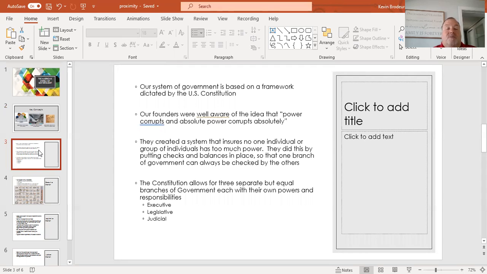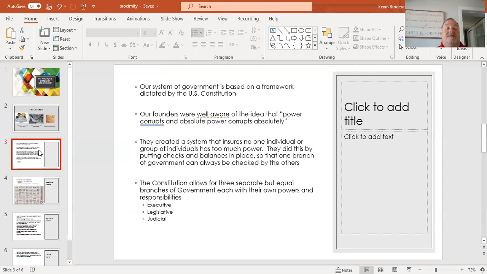When our founders were drafting the Constitution, they had just come from a situation where they had to deal with King George, who they considered to be a tyrant. He had too much power. So when they were creating our system of government, they wanted to put in place checks and balances to keep any one individual or group of individuals from having too much power.